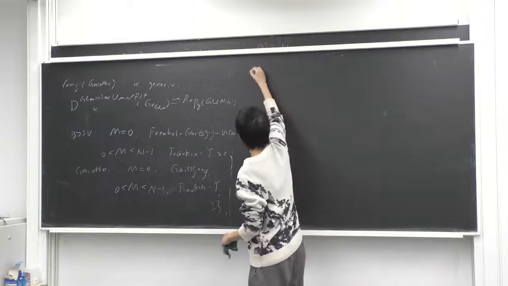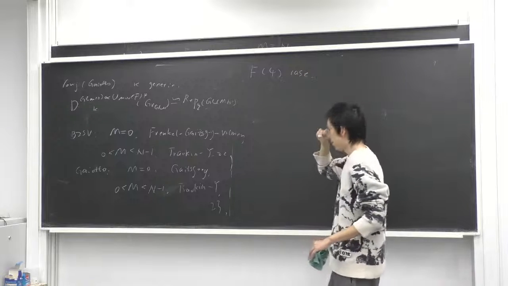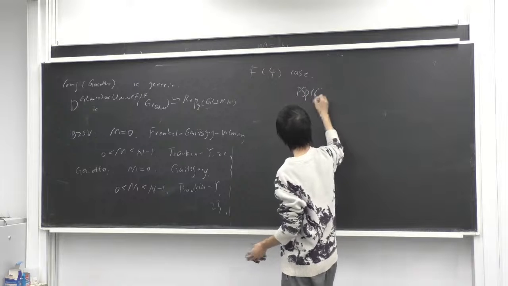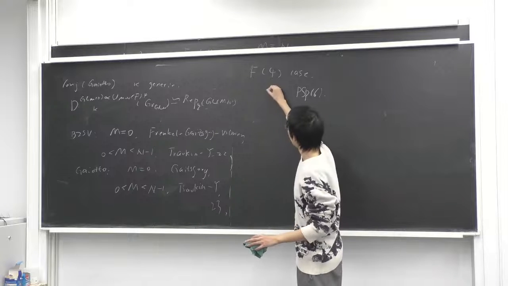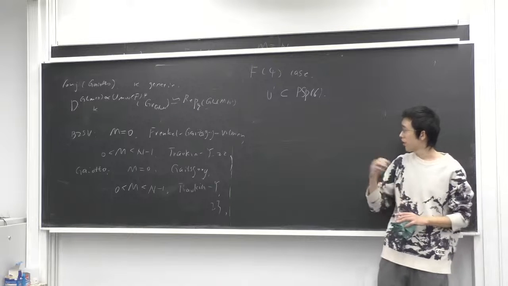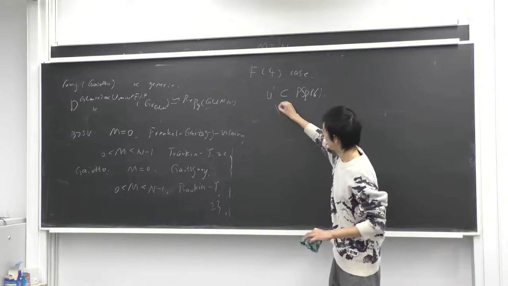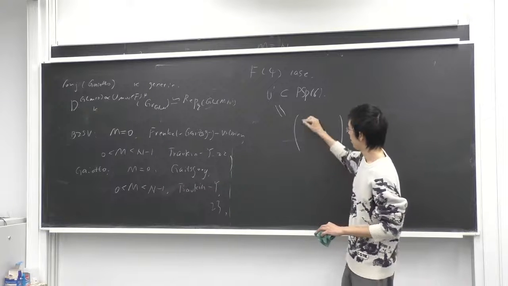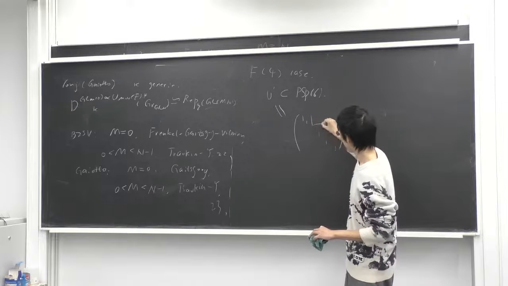Then let us mention the F4 case. First let us mention the group PSp6, and we have a unipotent subgroup U prime belonging to a subgroup of PSp6, which if we write it very explicitly as a 6 times 6 matrix, then the U prime here is concentrated in this area.